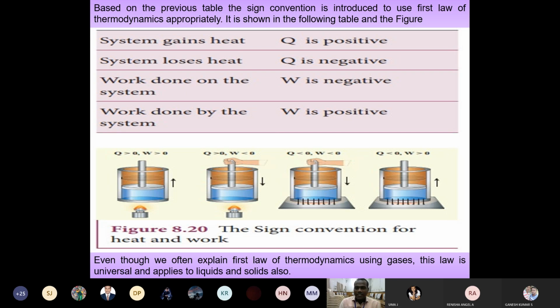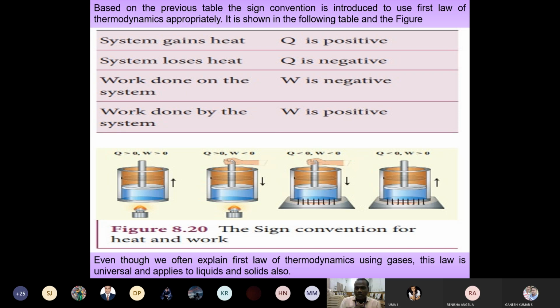Then in the second figure, we are doing work by compressing the piston, so the W value will decrease. Then we are also adding heat to the system, so the Q value will be positive.